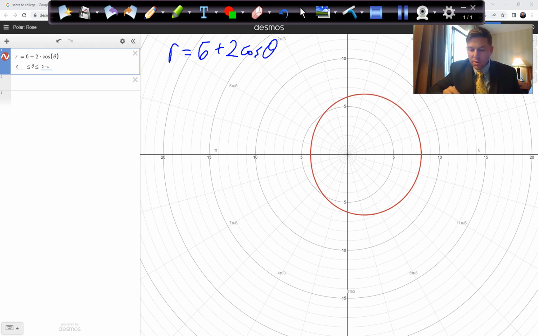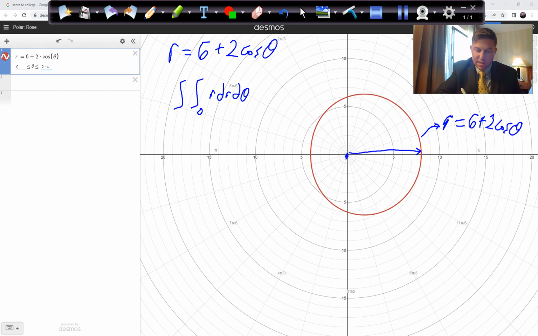And so when we get to the other side, we're going to have our limits go from r is 0, so r dr d theta. So r is going to start here, that's r equals 0. And it's going to go to this point, which is governed by this equation, r equals 6 plus 2 cosine theta. So that's going to be the upper limit of r.